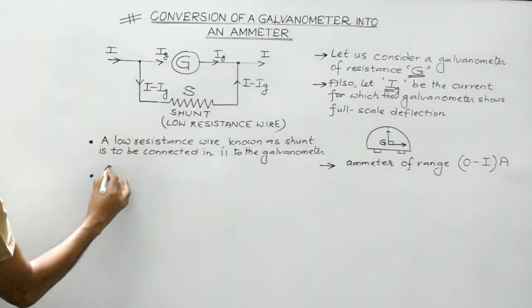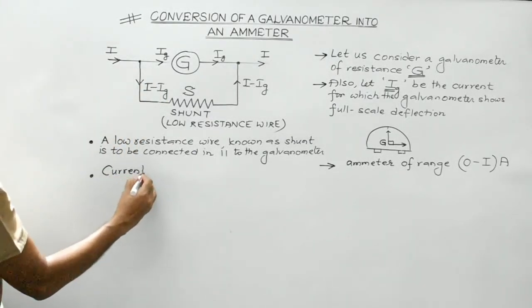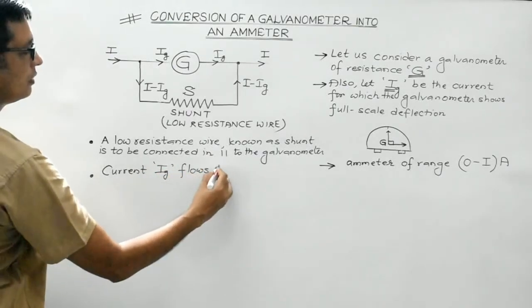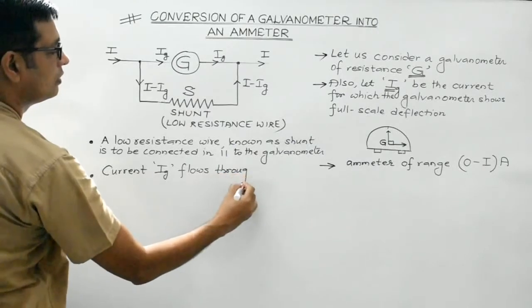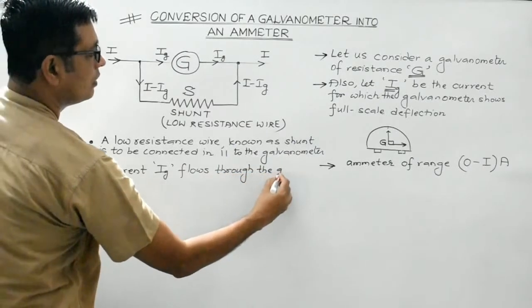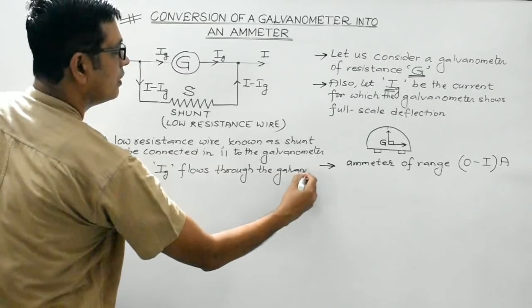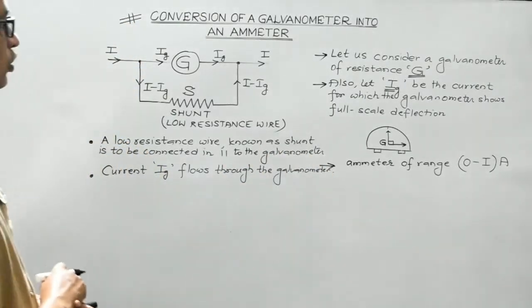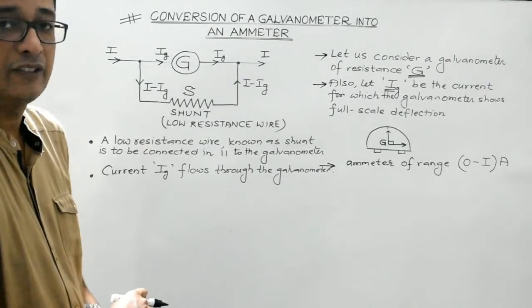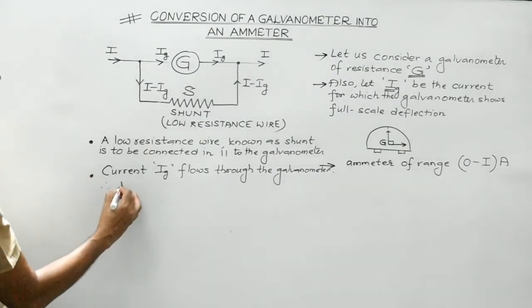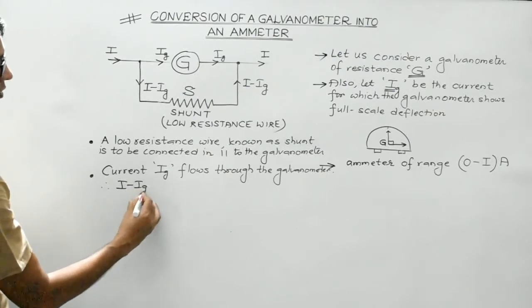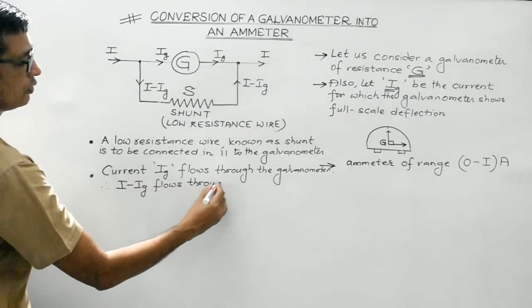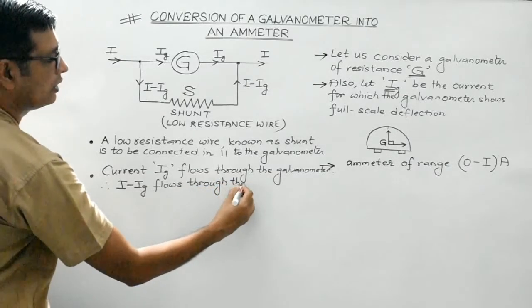So current Ig flows through the galvanometer, and therefore current I minus Ig flows through the shunt.